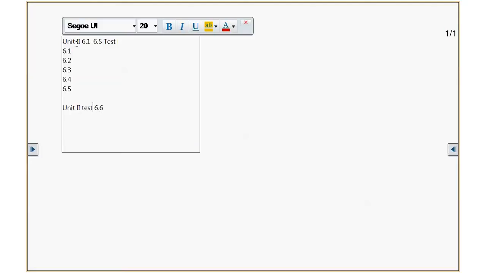And that'll cover graphing, or it'll say Unit 2 graphing. Yes, and that'll cover 6.6. So you've got 2 tests in this unit.